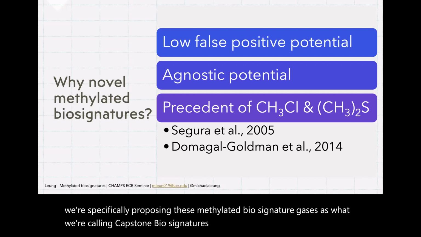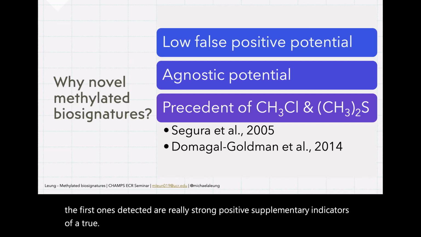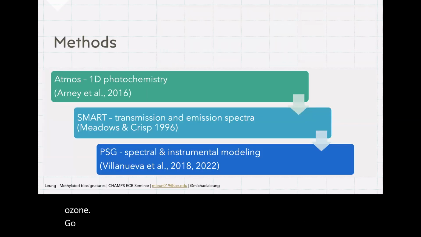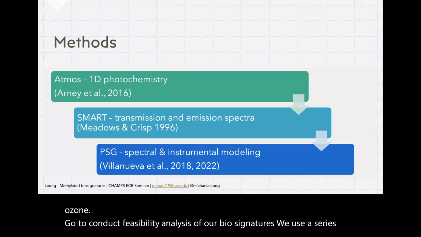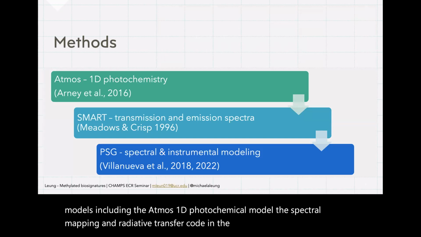And we're specifically proposing these methylated biosignature gases as what we're calling capstone biosignatures. So gases that wouldn't necessarily be the first ones detected, but are really strong, positive supplementary indicators of a true biosignature, especially when paired with something like oxygen or ozone. So to conduct feasibility analysis of our biosignatures, we use a series of models, including the Atmos 1D photochemical model, the spectral mapping and radiative transfer code, and the planetary spectrum generator model suite.